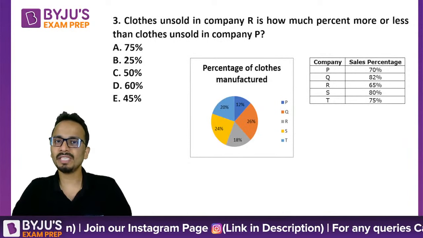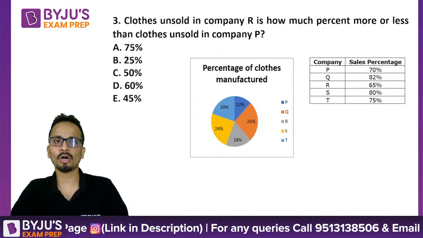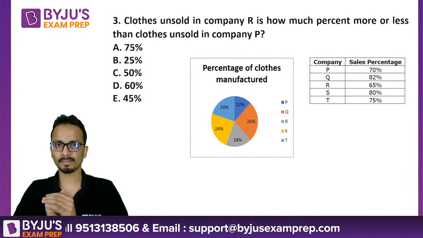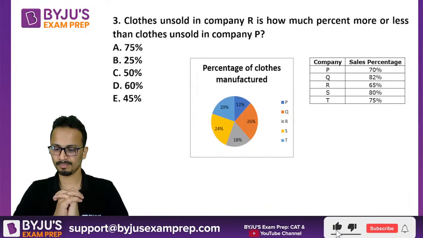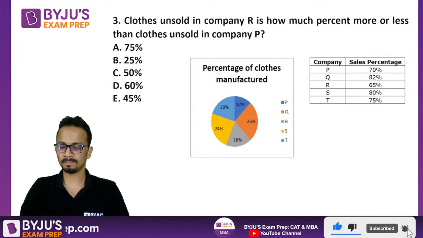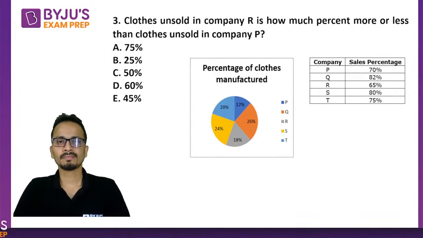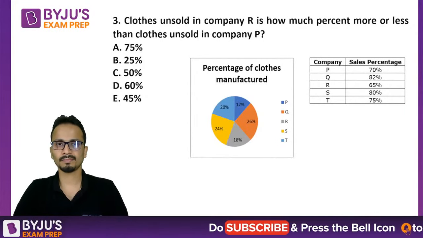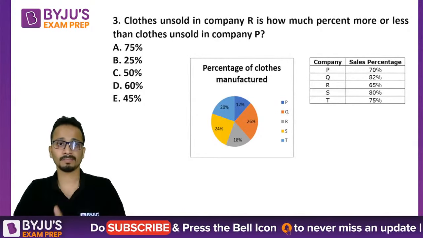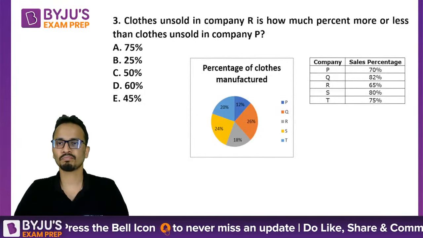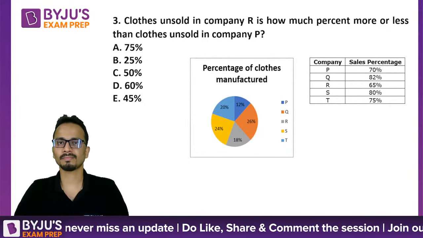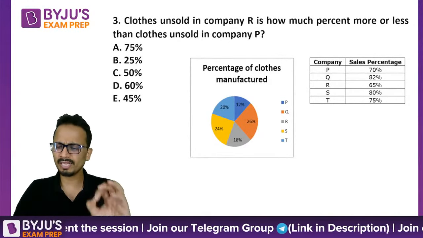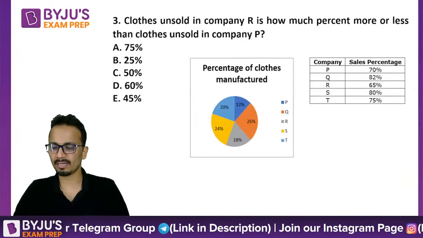Clothes unsold by company R is how much percentage more or less than the clothes unsold by company P? Now I'll give you one easier way to handle these calculations.